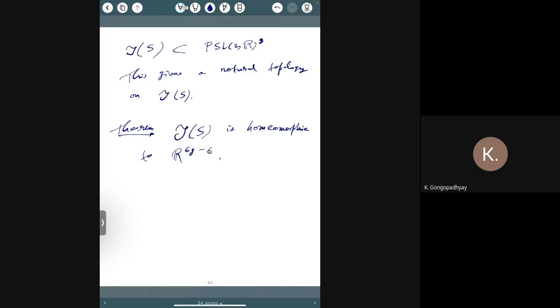Okay, where I have assumed G is greater than or equal to 2. Okay, all right, so this is the result. Now there is one more description of the Teichmuller space that I will quickly tell you. Okay, so there is one more description. So definition 2.